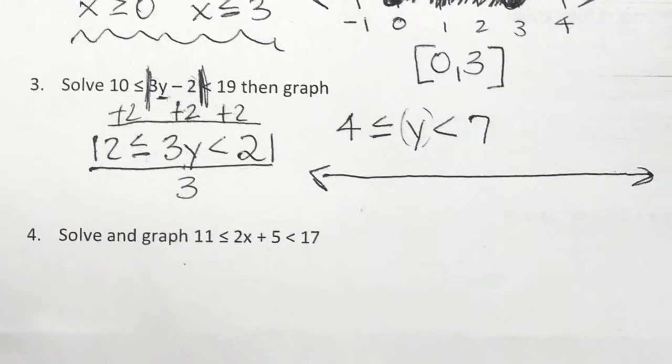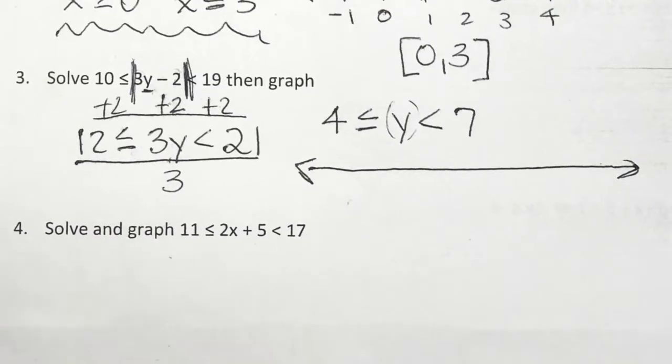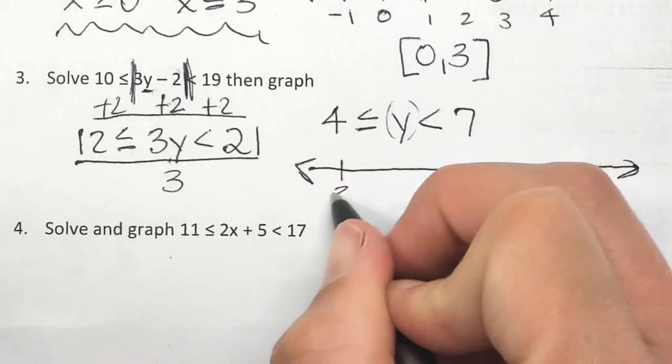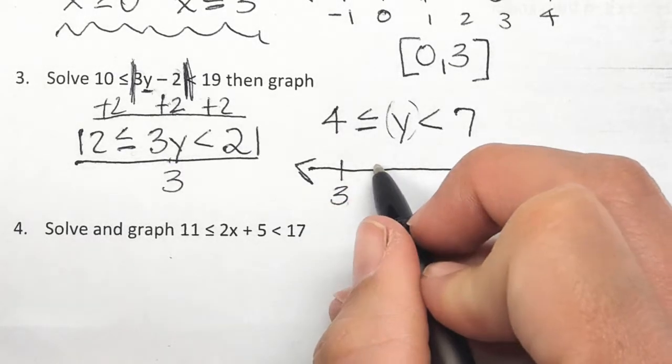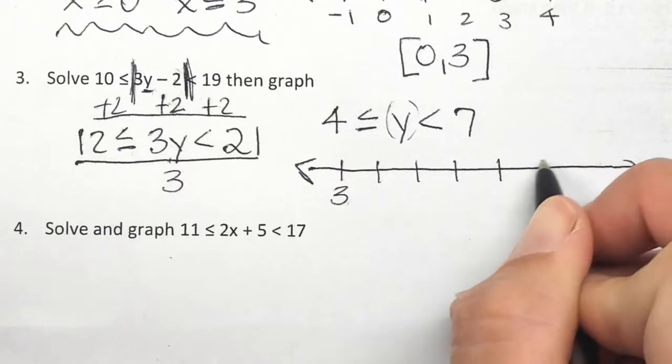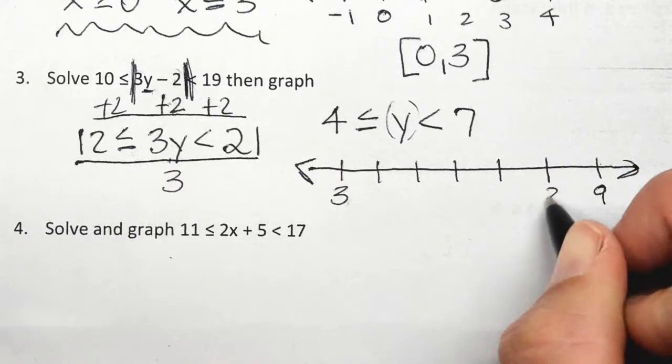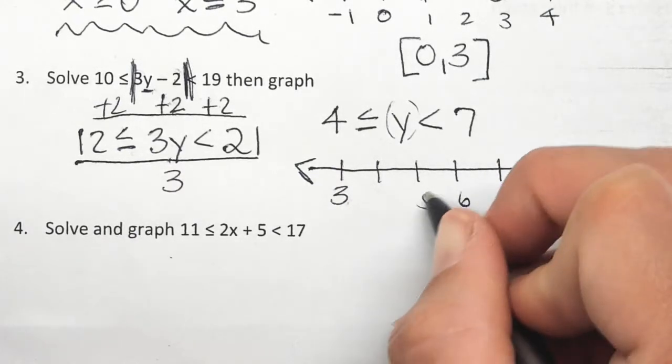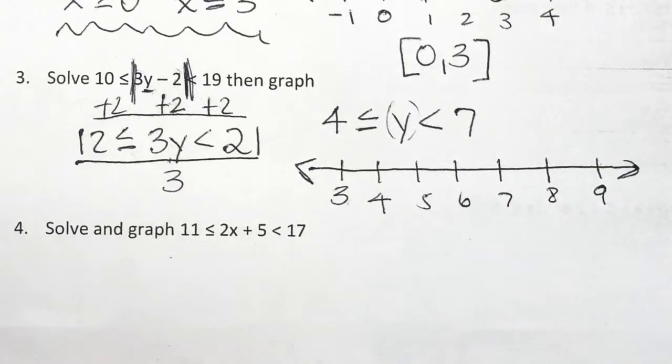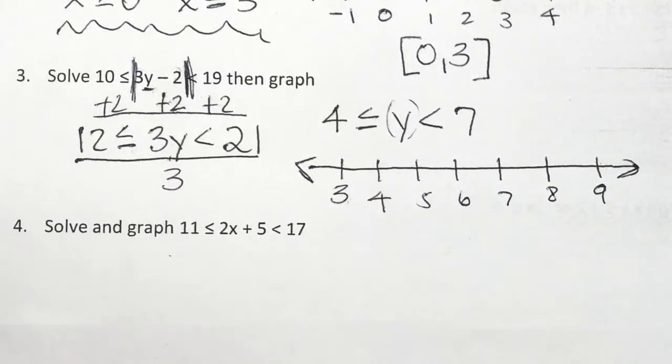Alright, on our number line, what's the first number we could start with? 3, and go all the way to 8. So 4, 5, 6, 7, 8. I'll just go to 9. And our values are going to be in between the numbers 4 and 7, correct?